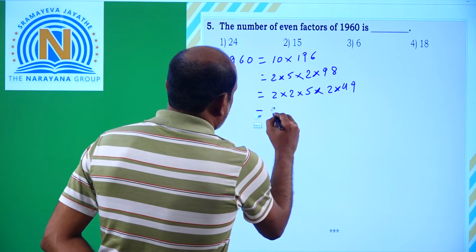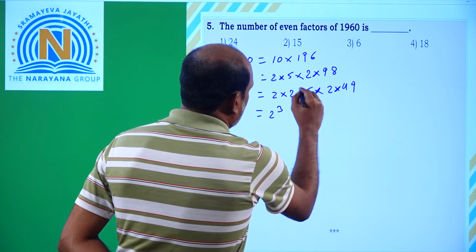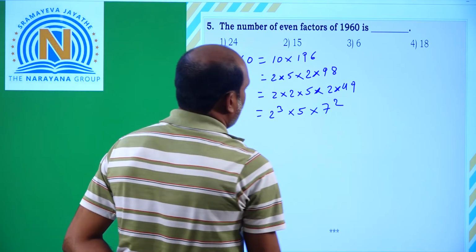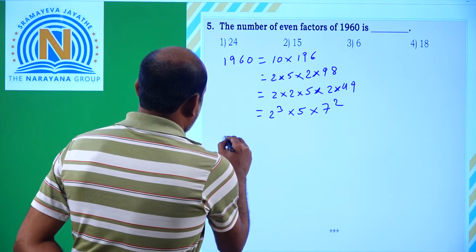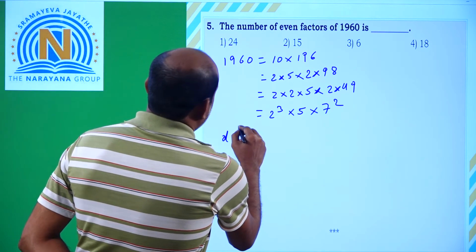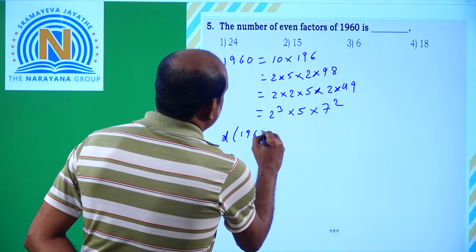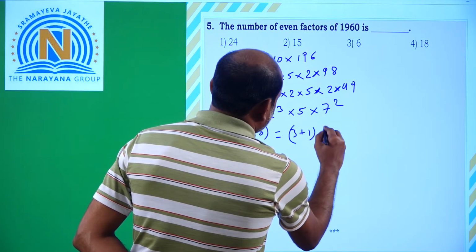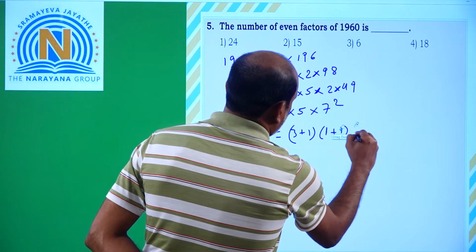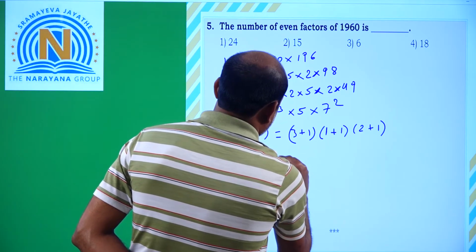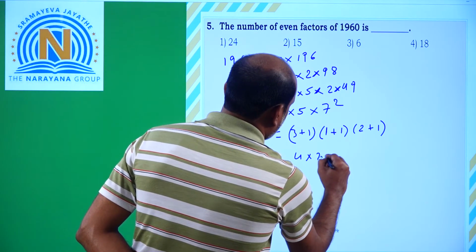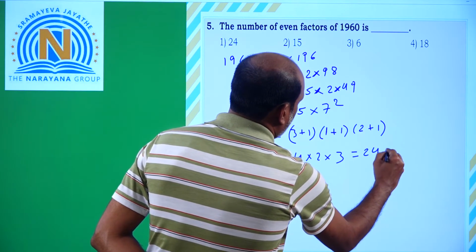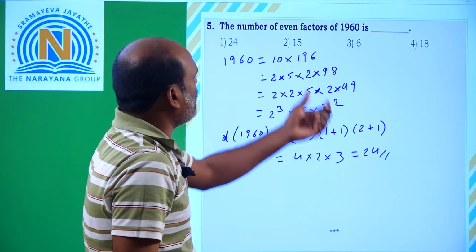This is 2 cube into 5 into 7 square. So the number of factors of 1960 is (3 plus 1) into (1 plus 1) into (2 plus 1), that is 4 into 2 into 3, which is 24. These 24 are total factors.